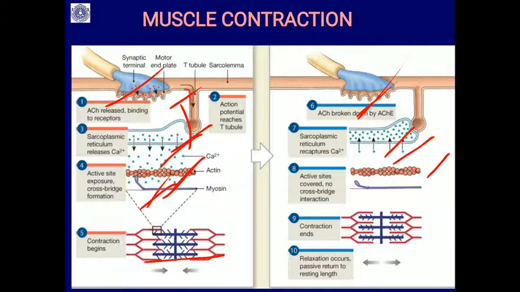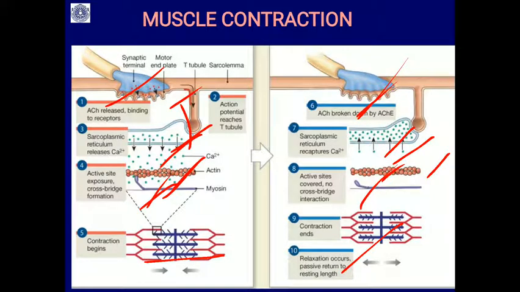So, there is no calcium, so that tropomyosin troponin go back to their original position on the actin filament, so that they block the myosin cross bridge from making contact with the actin, so that muscle relaxes.